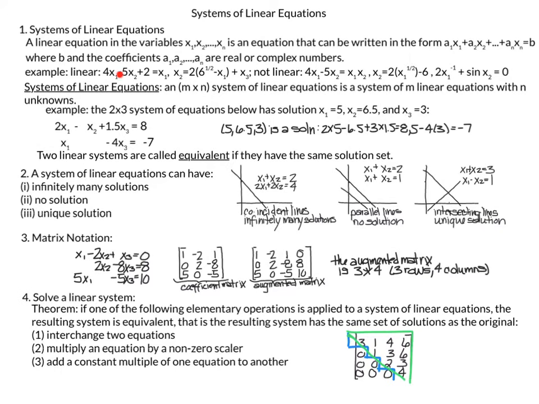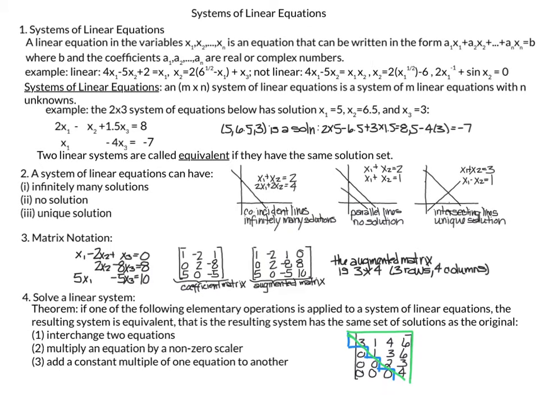So some examples. Here we have 4x1 minus 5x2 plus 2 equals x1. This is an example of a linear equation. We also have x2 equals 2 times 6 to the 1/2 minus x1 plus x3. This is a linear equation. What is not linear is 4x1 minus 5x2 equals x1 x2. This is not linear because you have two variables multiplied together.